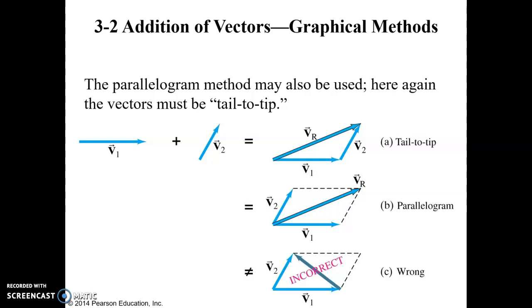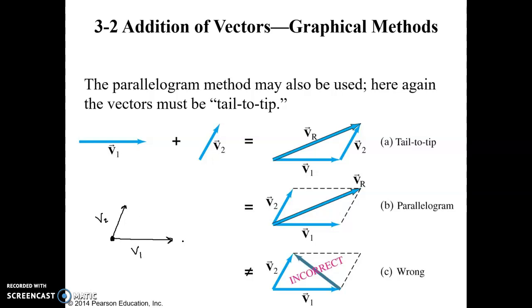Another method of visualizing the addition of vectors that I'm not as much a fan of, I like the tail to tip method, is the parallelogram method. Essentially, instead of connecting the tips and the tails, we connect their tails. We have the same starting point for each of them. So we've got V1, and then we've got V2, and they're both originating from the same starting point.